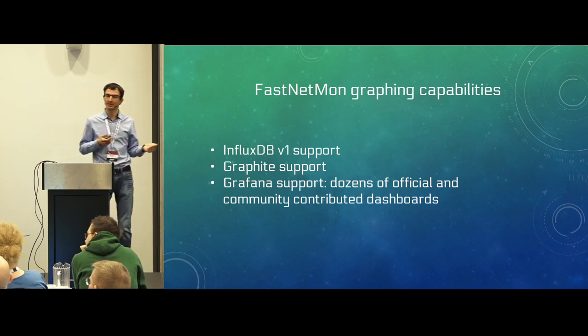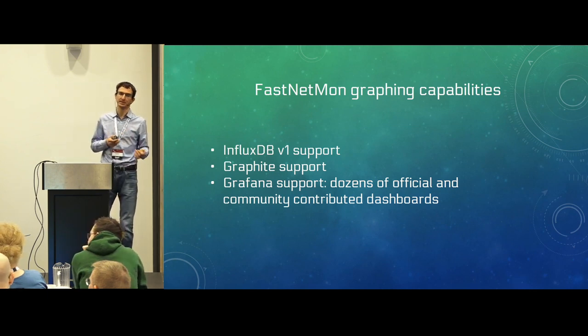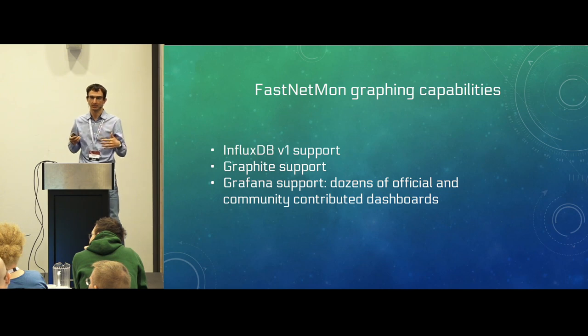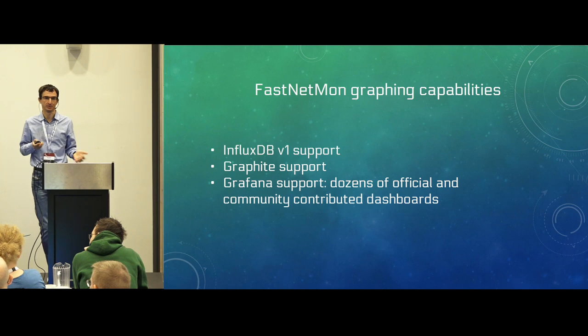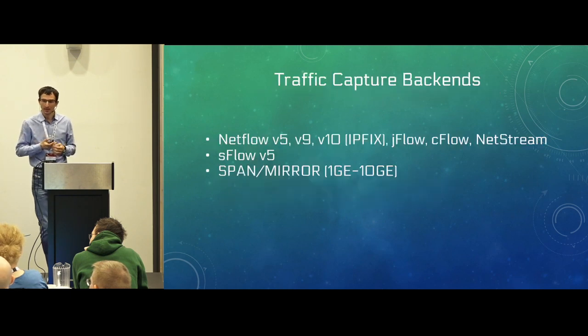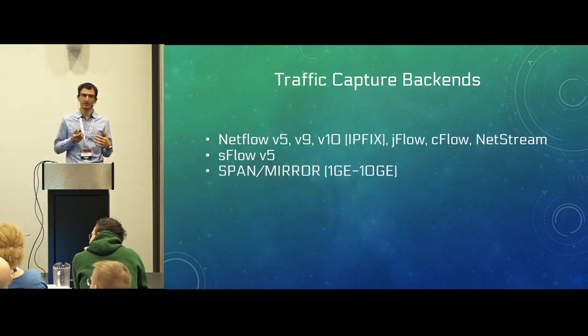It may be VictoriaMetrics, it may be Graphite, it may be InfluxDB. In some cases, it may be ClickHouse. It's data with timestamp, host or prefix name, and bandwidth. You don't need to aggregate, you don't need to calculate anything. The data is here. You just need to graph it. If you don't like Grafana, you may use, for example, Prometheus. We also support Prometheus.